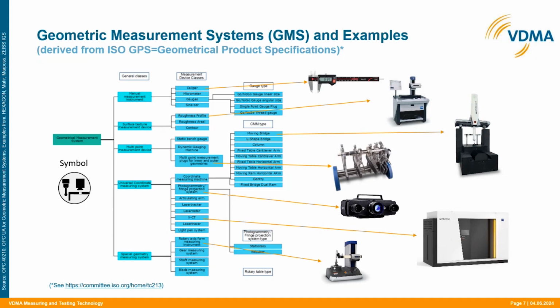So when we started this working group, we made up our mind: there's a broad variety of measurement instruments. How can we summarize them? How can we categorize them? And how can we describe them in a more standardized way? This classification, by the way, was derived from the ISO standard for GPS, geometrical product specification.